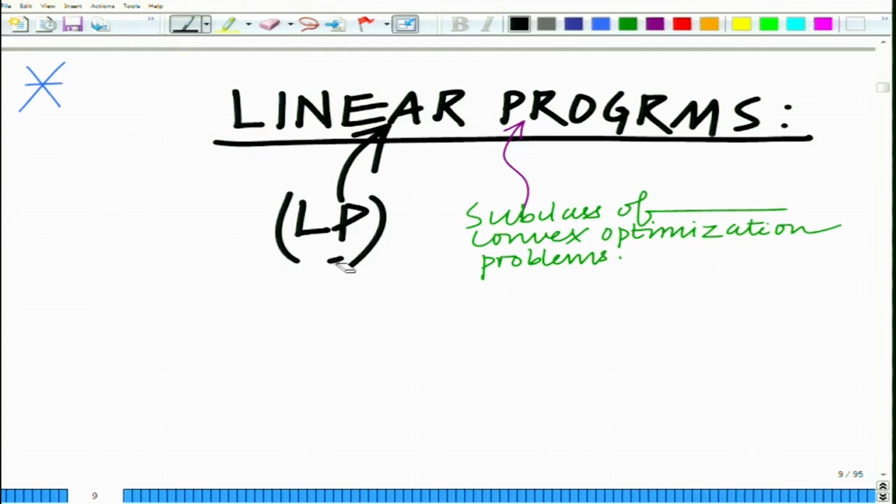A linear program can be expressed as follows. Remember, any optimization problem has an objective.